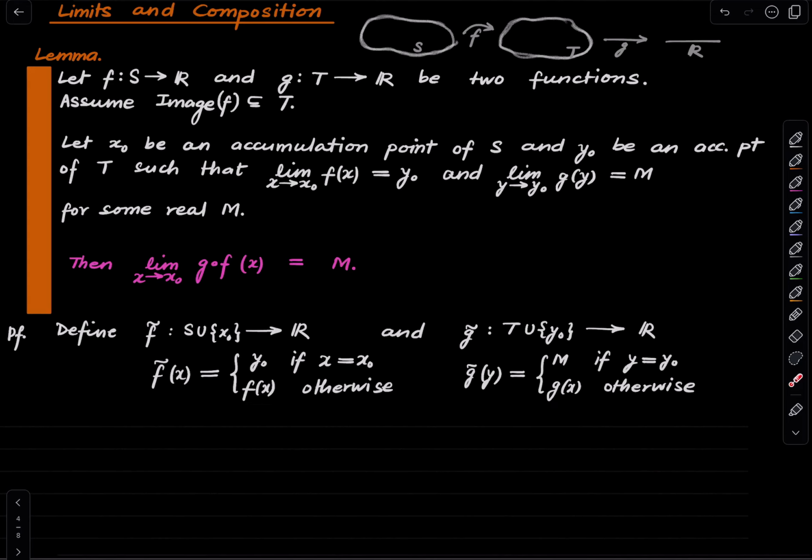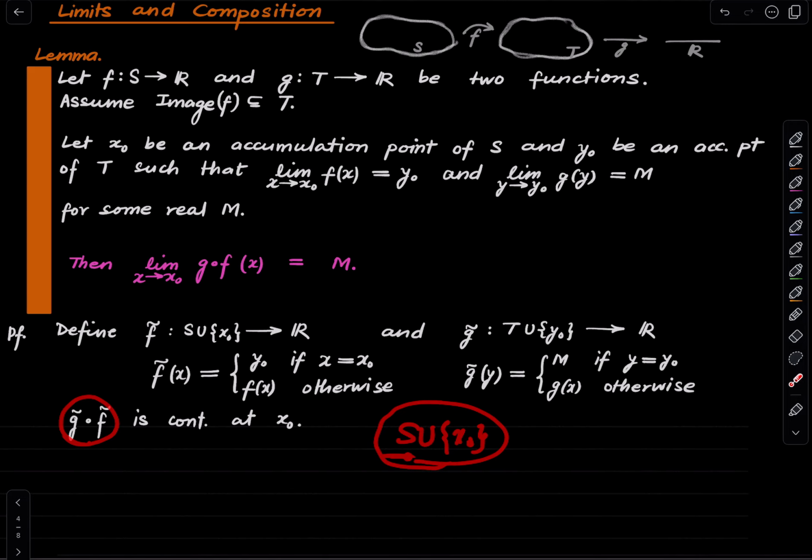By our hypothesis, we know that f tilde is continuous at x0 and g tilde is continuous at y0. Therefore, by what we learned from our study of continuity, we know that the composite is continuous at x0.